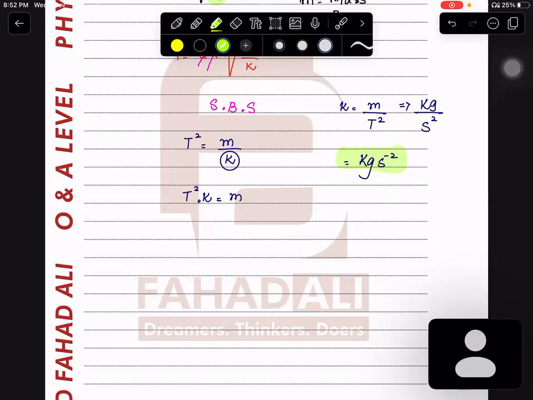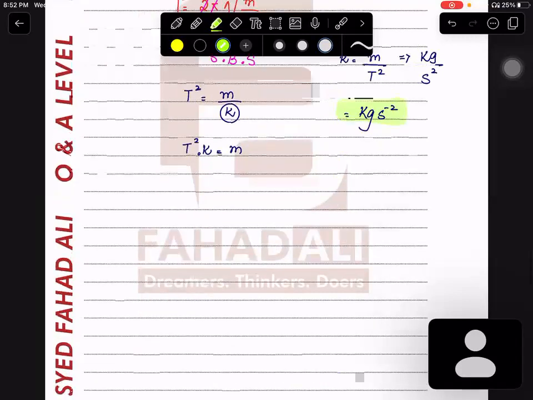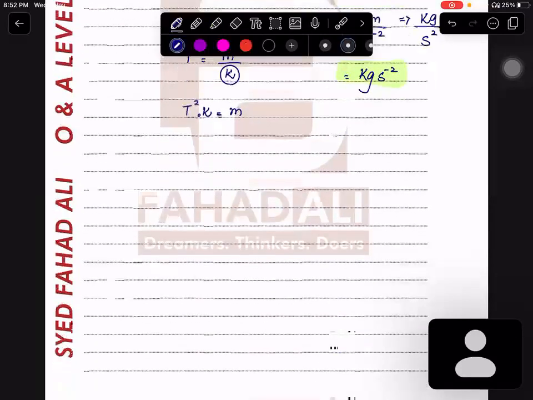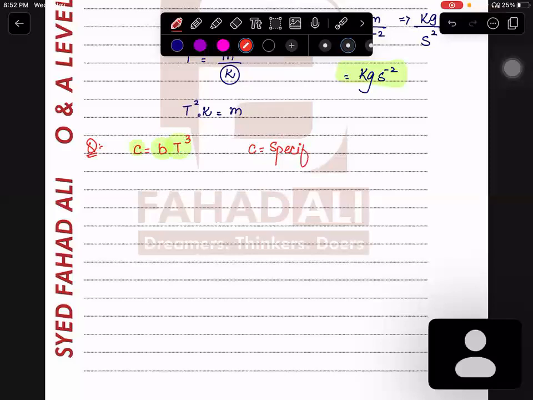Okay, now the next question of your past papers is C is equal to B T cube. Now let's understand what B is. C is specific heat capacity. You have studied this in O levels.